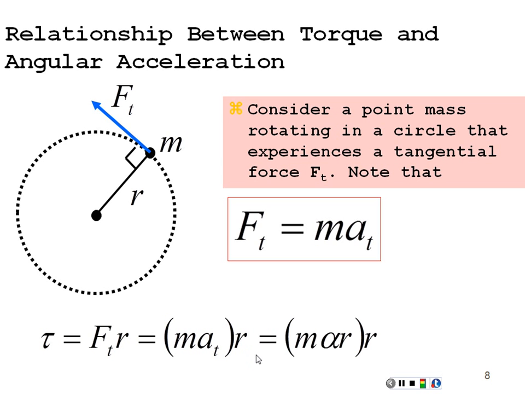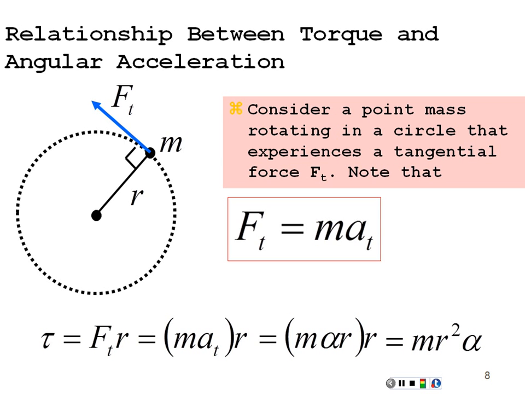We could write this as mass times angular acceleration times r, because that's tangential acceleration by our linear conversion. So a is equal to alpha times r times r. Let's factor this, and we would have that this torque is equal to mr squared times angular acceleration alpha.